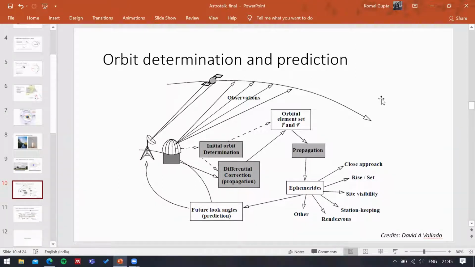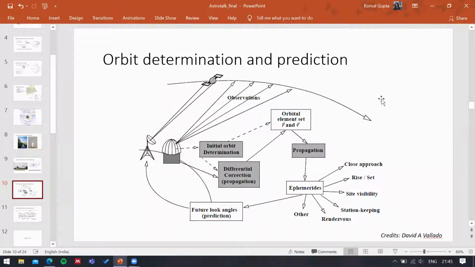And because of the proliferation of space objects, especially during recent years, we cannot actually track each and every object at all times. So we need orbit prediction so that we don't need to track it all the time, and we can just look at it, store its position and velocity, and then the next time we want to find it, we know where to look.